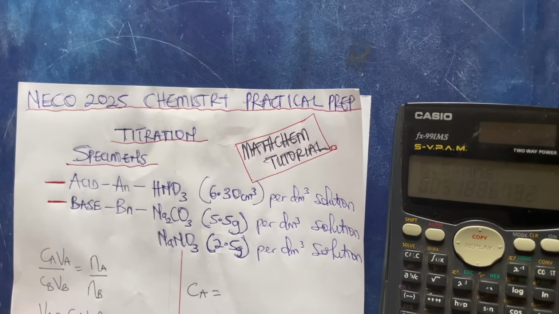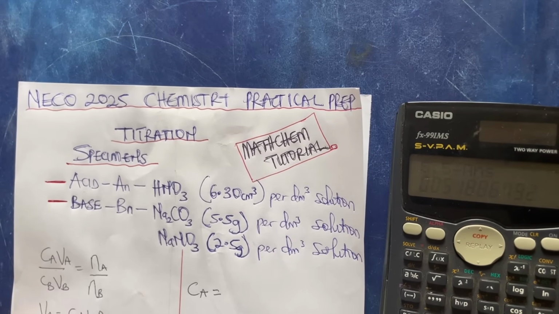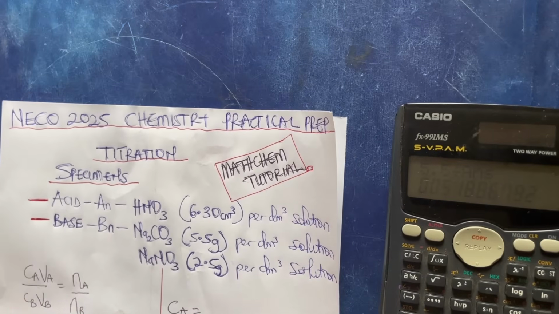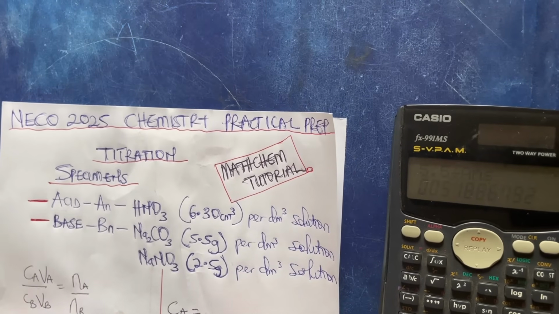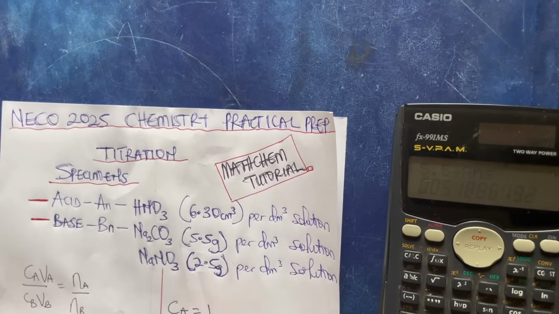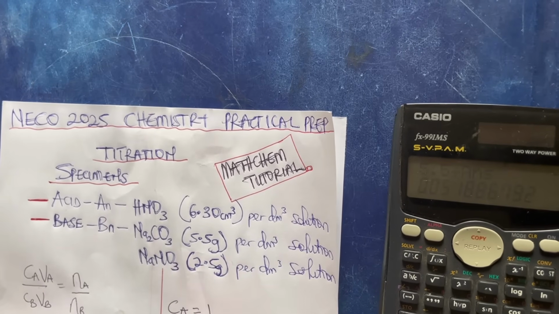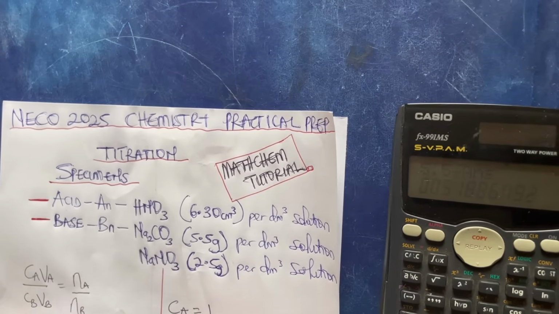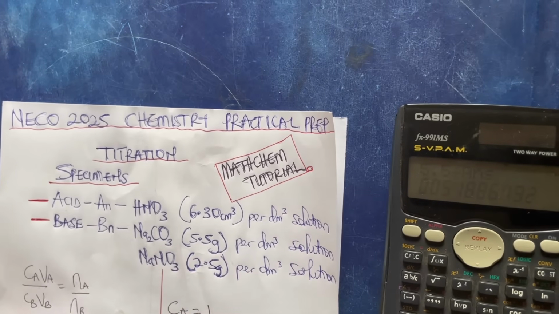You know that students can never use the conc acid. They rather use it in diluted form. So how would I do that? There's a particular formula we used to use, the concentration of A in mole per dm cube of the conc acid.